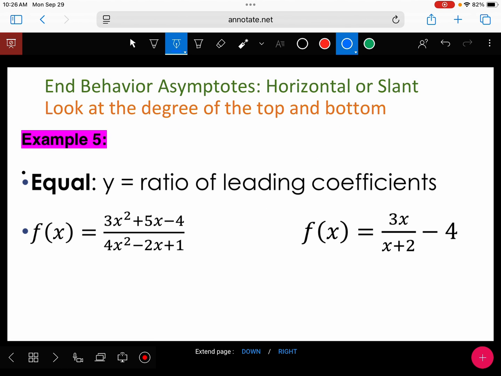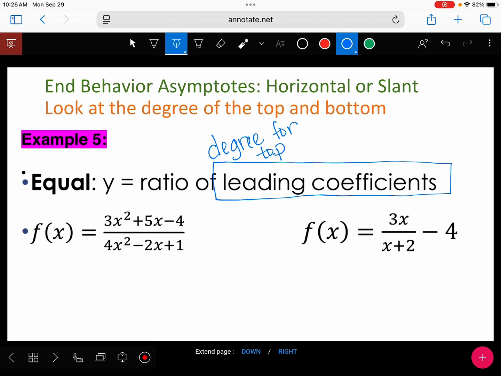If the leading coefficient is equal to each other. So when I look at the leading coefficient, what I'm really talking about is the degree. So if the degree for top and bottom are the same, so we're looking at the degree at the top and bottom.